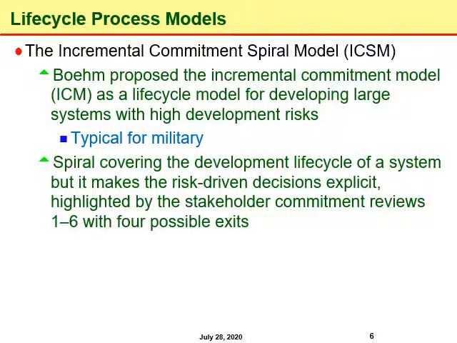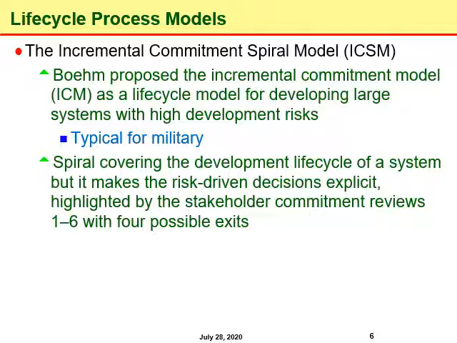Well, the first life cycle model that we discuss here is Incremental Commitment Spiral Model, ICSM. Boehm proposed the Incremental Commitment Model, ICM, as a life cycle model for developing large systems with high development risks. And typically, these systems were developed for military organizations. In subsequent years, the model was refined into incremental commitment spiral model, which is also called ICSM.